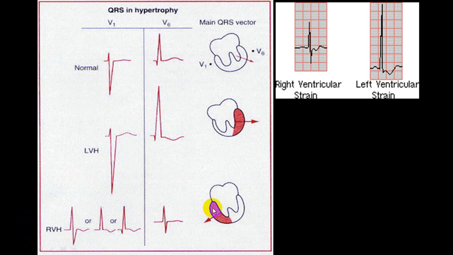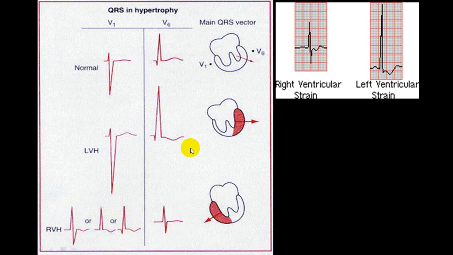V1 corresponds to right ventricle. So here you will see a tall R wave, a small S wave. R wave is usually bigger than S wave. Or sometimes you get only R wave, there is no S wave. And here sometimes you get a small Q wave followed by a R wave. This will be in V1.